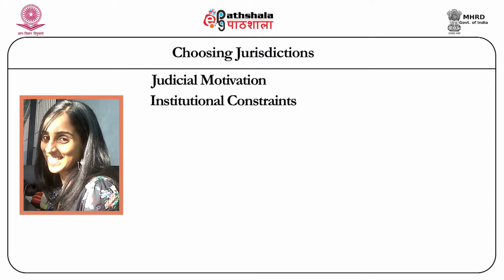And the third is what I have titled a question of quantity, which goes back to the second big question that I asked: do I accord equal weight to all the jurisdictions that I have chosen, by looking at which jurisdictions you in fact actually choose? So let's go ahead and look at the first question, which is judicial motivation.